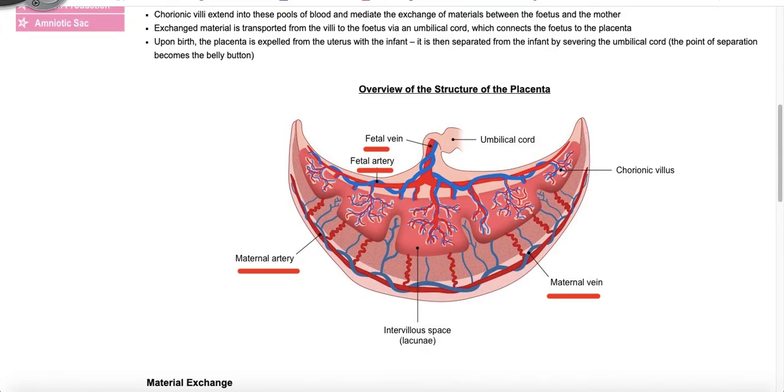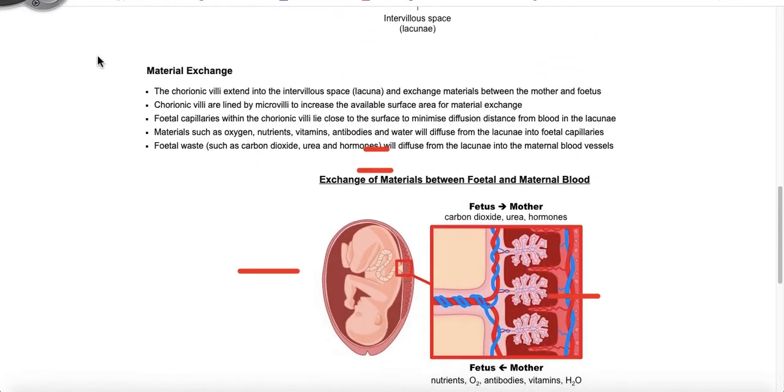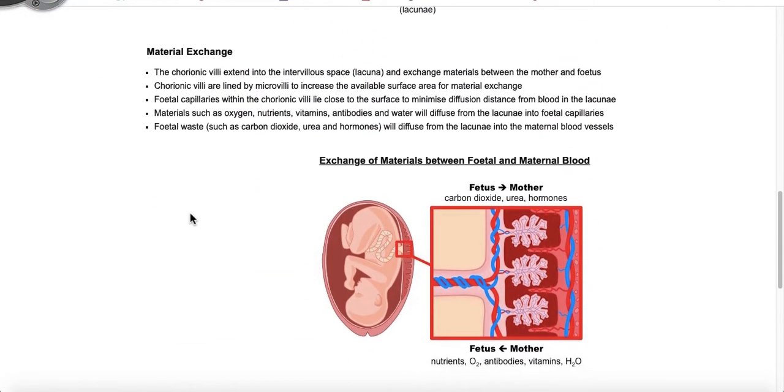So what gets exchanged? If we look at this picture here, we see that the fetus is going to give to the mother the wastes that the fetus releases: the carbon dioxide from cellular respiration, the urea from the nitrogenous wastes that are toxic, but then also hormones.